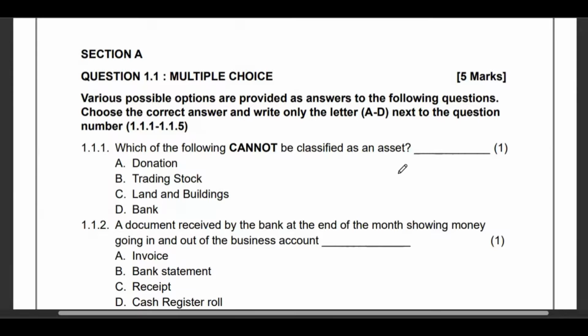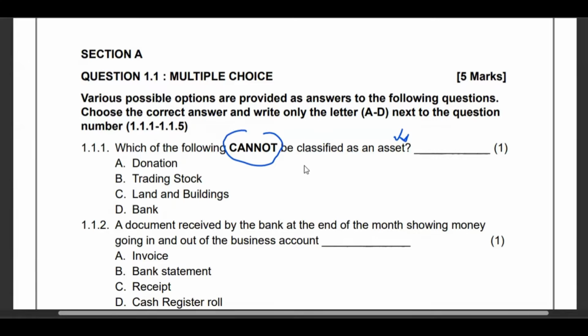So 1.1.1, okay. Which of the following cannot be classified as an asset? So we know that an asset is something that can be kept just to bring in money. Okay, something that brings in money is what we call an asset.